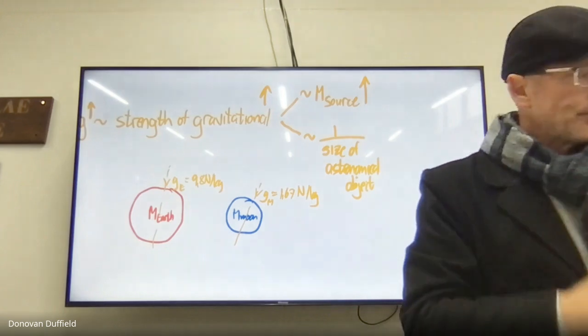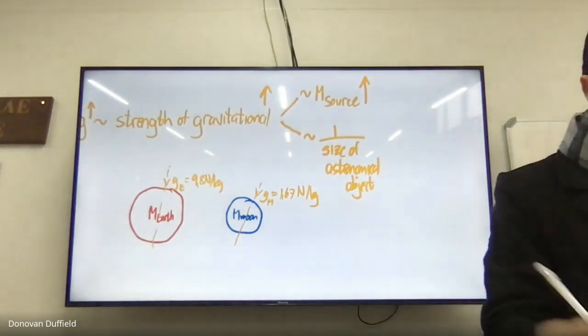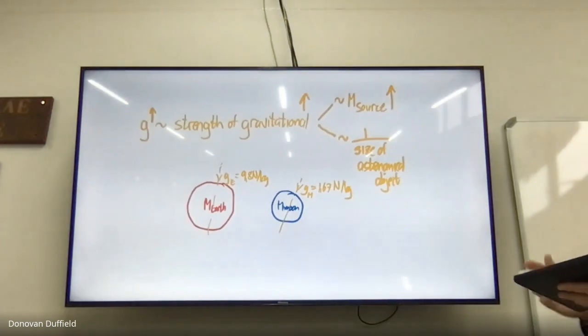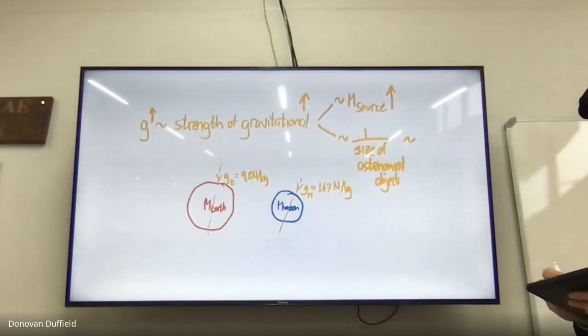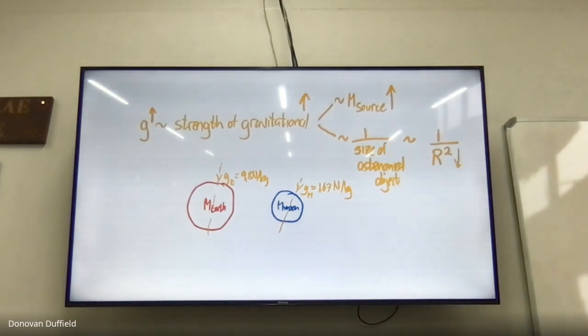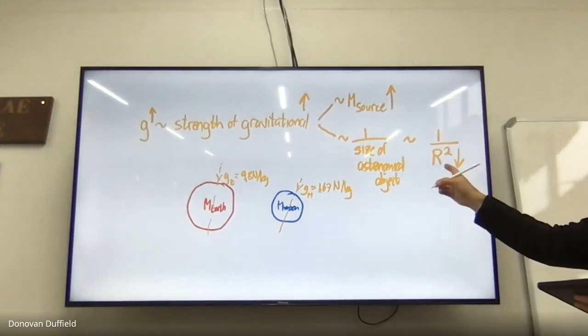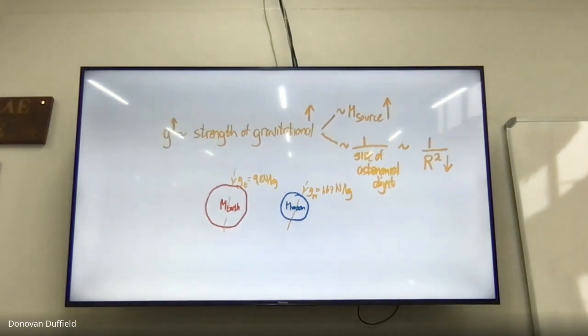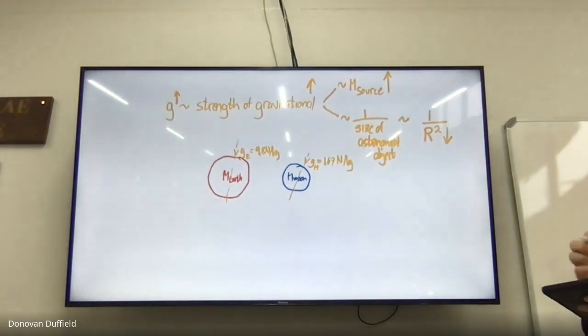So we are going to see that in actual fact, the dependency here is 1 over the radius squared. As the radius of an astronomical object decreases in the denominator, we find that the gravitational constant increases, right?